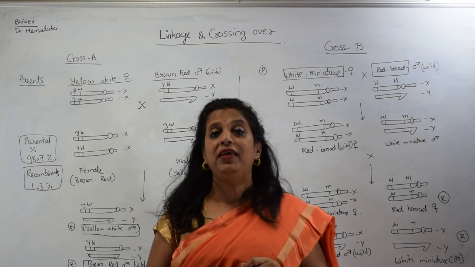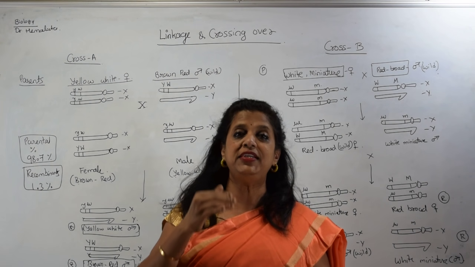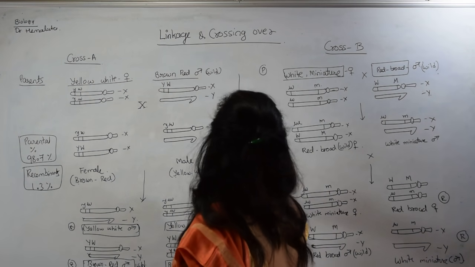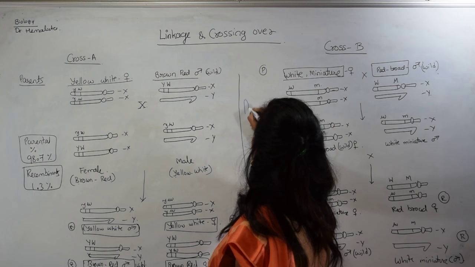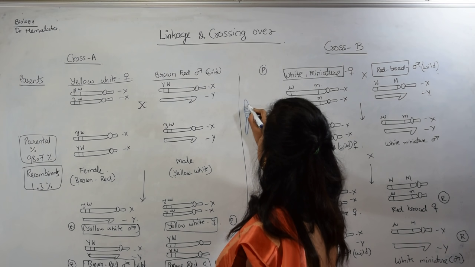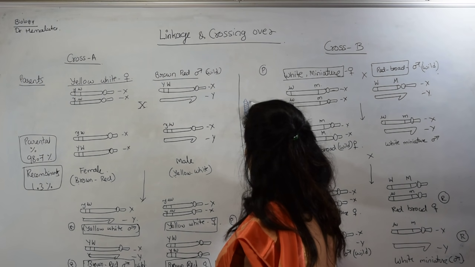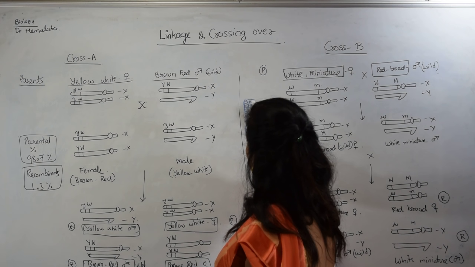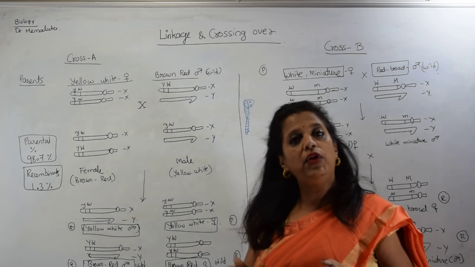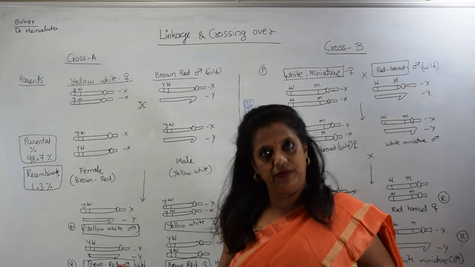But normally, genes are located on chromosomes in a continuous sequential form. Suppose this is one chromosome, and here you continuously have genes. If you think of gene A here and gene B here, they are so near to each other. Such genes will not undergo independent assortment during meiosis, or during separation.